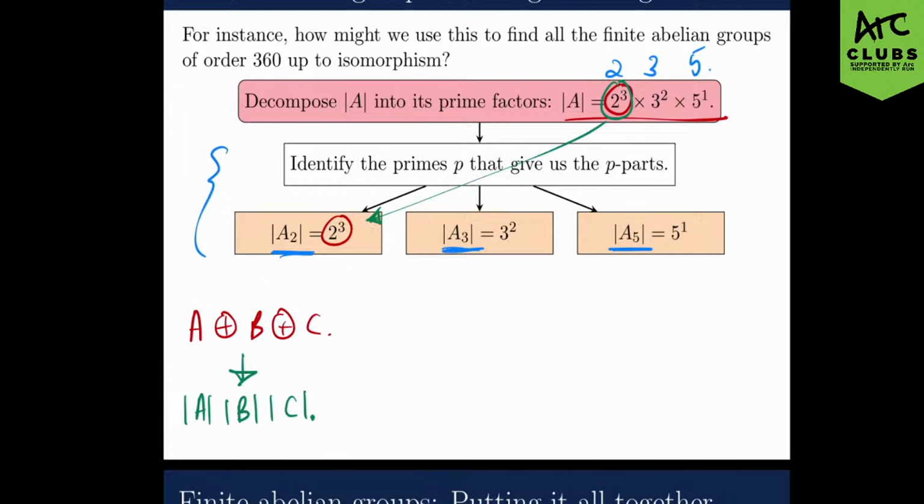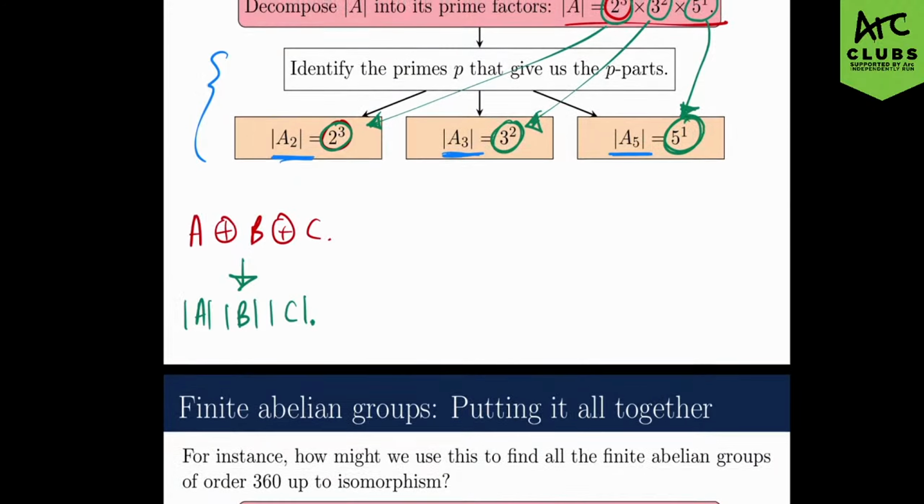Same thing over here. The order here that is made up by 3 needs to be embedded in the 3 part. And same thing with this. Right, so basically you've broken this down. A2 is equal to 2 to the 3. A3, 3 to the 2. A5, 5 to the 1.